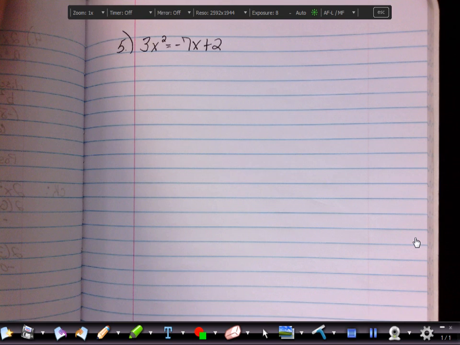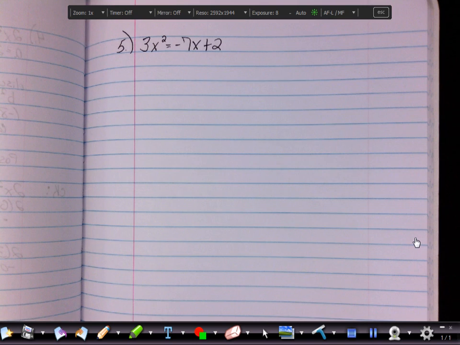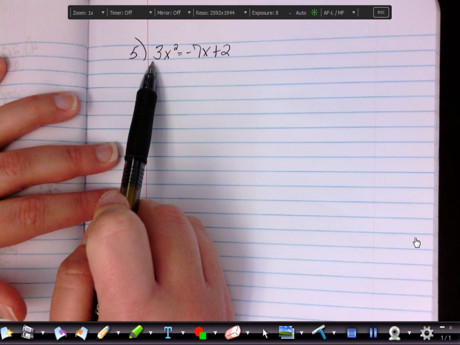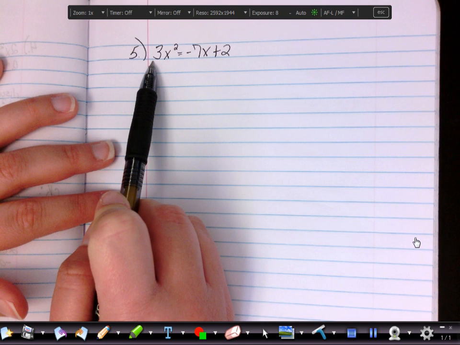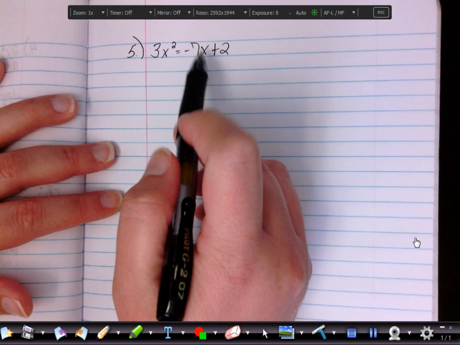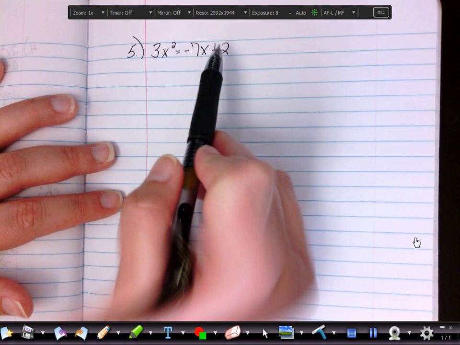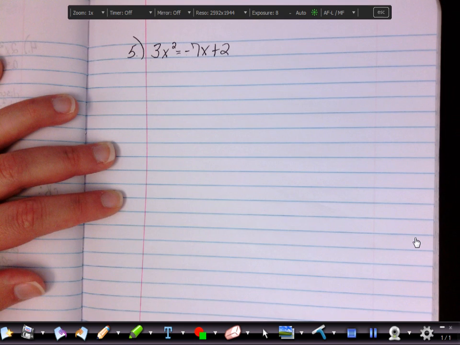All right, go ahead and write down number 5. 3x squared equals negative 7x plus 2. Here, I can't go ahead and find my a, b, and c because this needs to be in ax squared plus bx plus c form and equal to 0 before I can use my quadratic formula. So since my 3x squared over here is positive, and I usually like for my a to be positive, I'm going to move the negative 7x and the positive 2 over to the left-hand side.